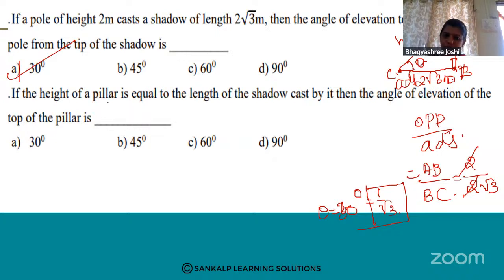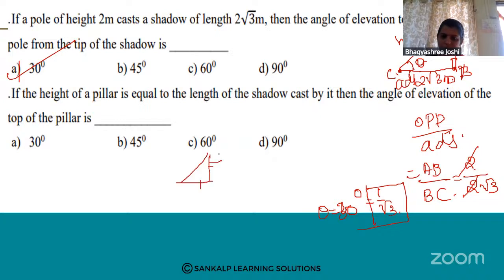If the height of the pillar is equal to the length of the shadow cast by it, then the angle of elevation of the top of the pillar is? That means the height of the pillar is equal to the length of the shadow.